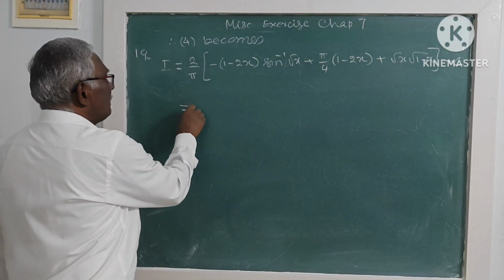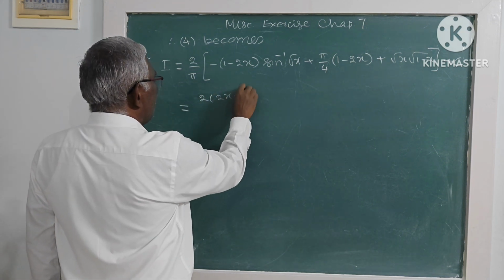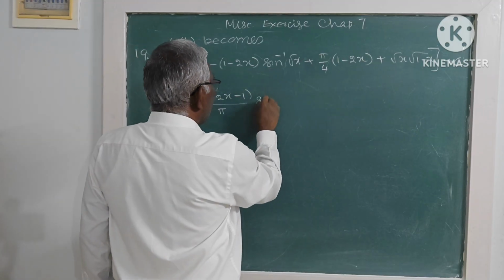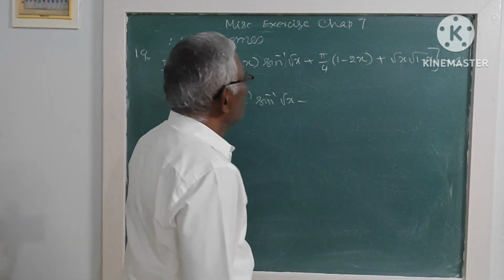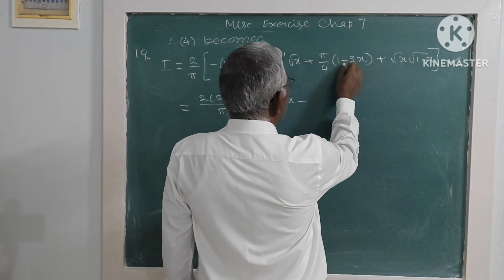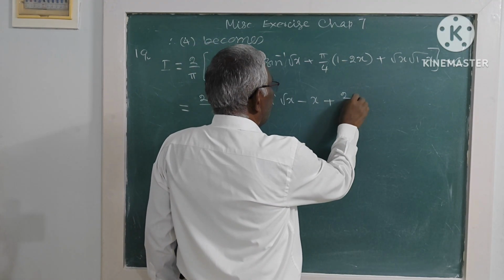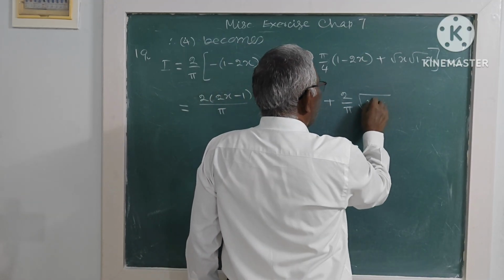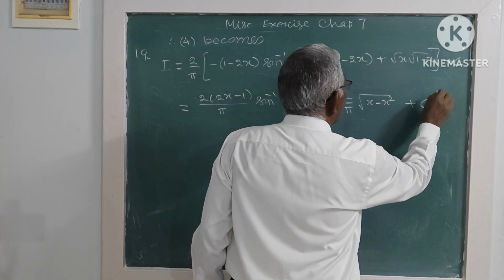Now this is equal to 2 into 2x minus 1 by pi into sine inverse root x minus x plus 2 by pi square root of x minus x square plus constant.